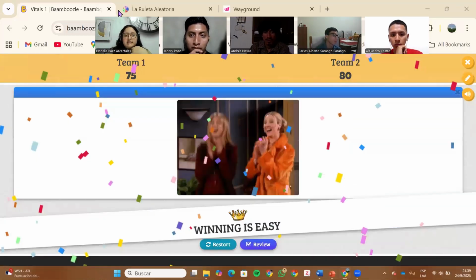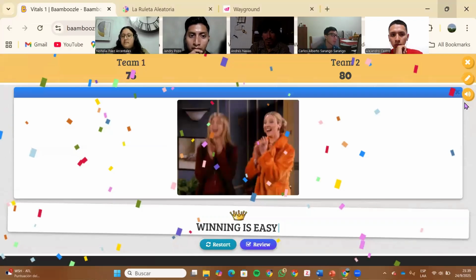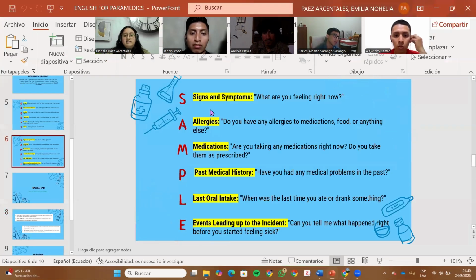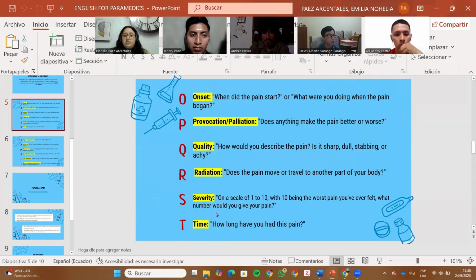So in the roulette, by destiny, it will be selected the situation that Yandri, in this case, will pretend, and Alejandro, as the paramedic, will have to ask the proper questions, remembering all the SAMPLE and the OPQRST.